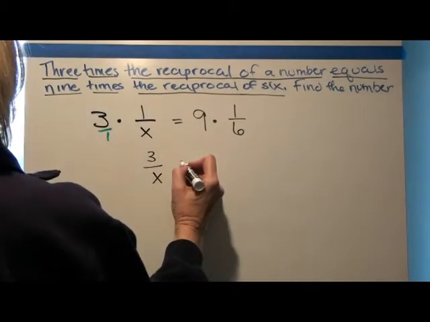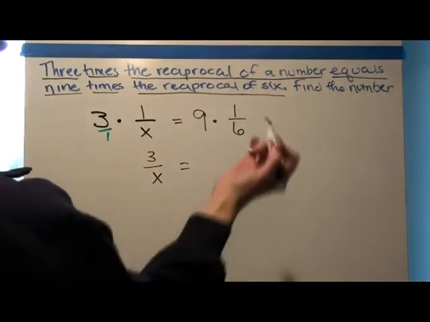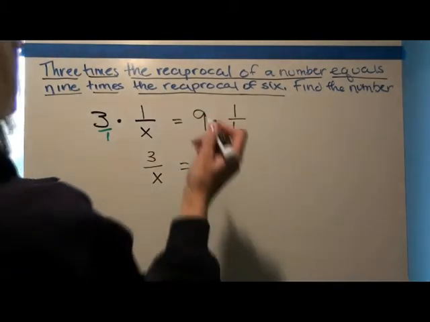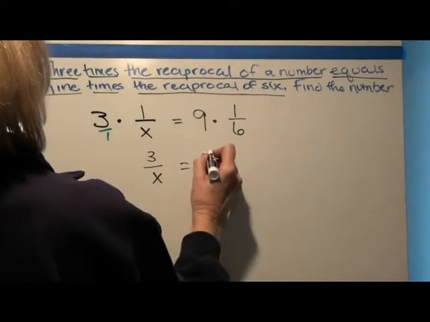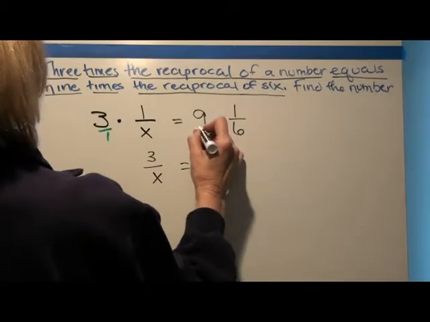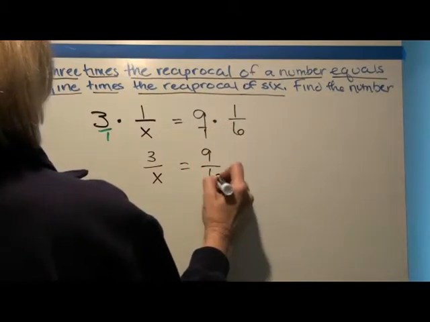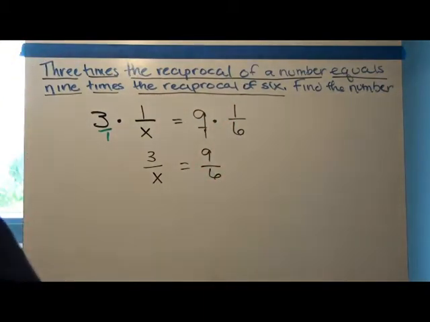On this side, if all we did was multiply it, 9 times 1/6, we would have 9 over 6, because this is over 1. Now, we could just go ahead and do it that way. Nothing is going to make that come out incorrectly because we left it unreduced.